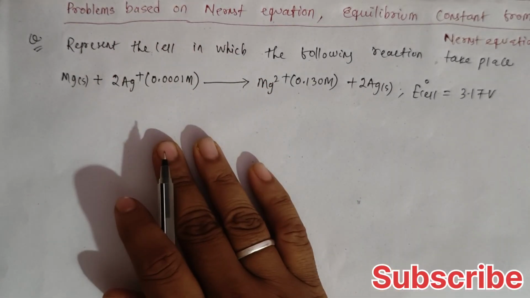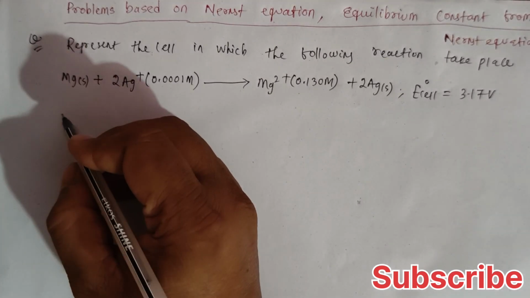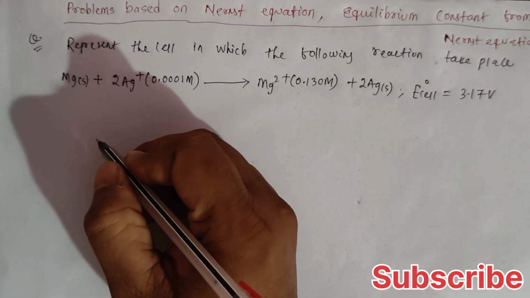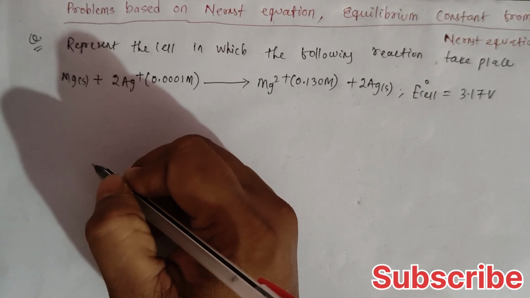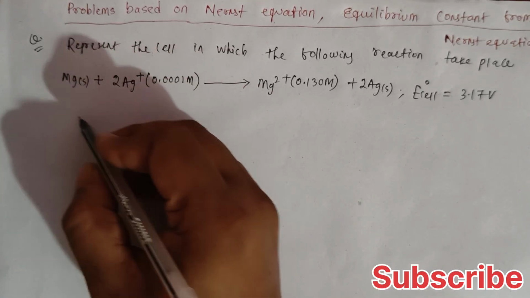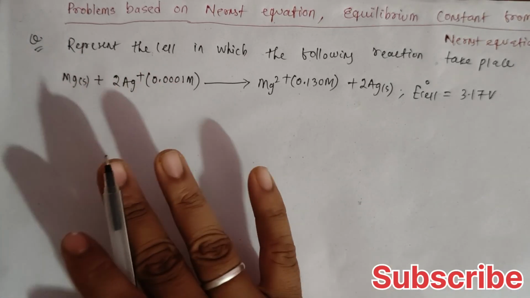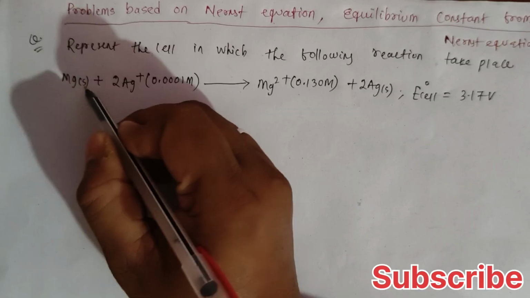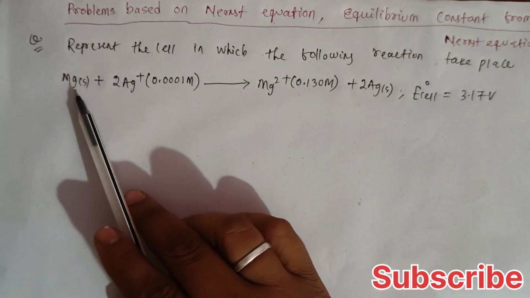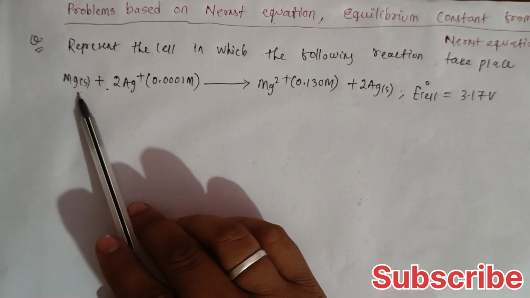So how can we easily calculate the Nernst equation, or easily calculate the E cell? We all know that formula from our previous video. First of all, let us represent the cell. So how can we represent a given cell? To represent this cell, we must first be clear which element undergoes oxidation and which ion undergoes reduction.